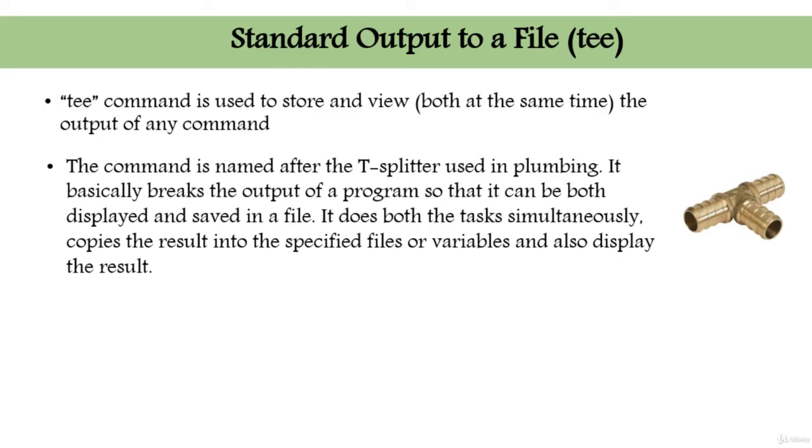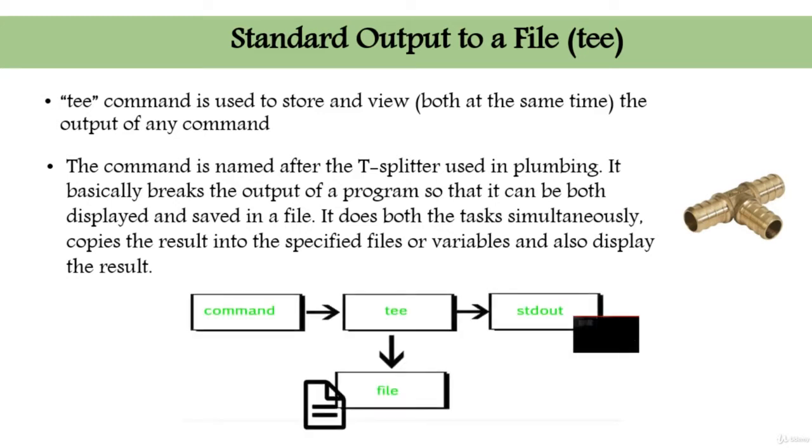It basically breaks the output of a program so that it can be both displayed on the screen and saved into a file. It does both tasks simultaneously, copies the result into a specified file or variable, and also displays the result. If you look at the picture, right here we have a command.